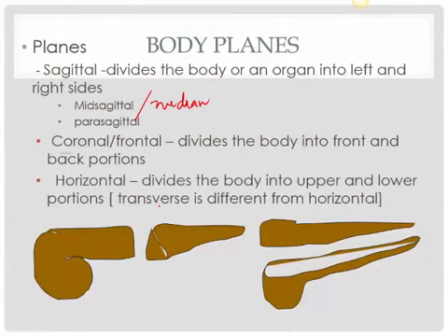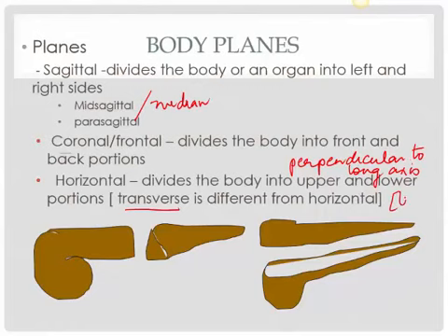The transverse by definition is, if I talk of a transverse plane, it's an imaginary surface that we use to cut the part, and we use it in a direction perpendicular to the long axis. Perpendicular to the long axis of the structure that we are cutting. By long axis, I mean length.